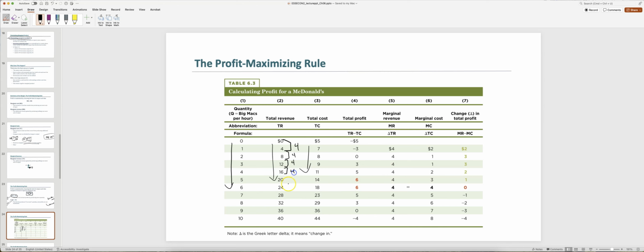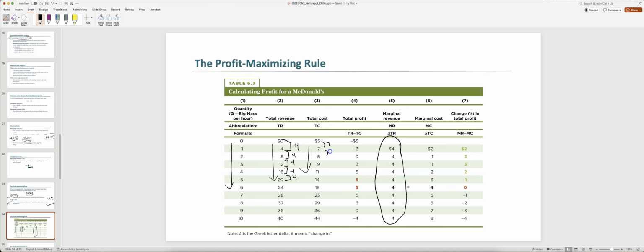You get the hint here? 4, 4. At least in this situation, a Big Mac costs $4. So the marginal revenue here is not going to change at all. It's specifically for this case because we're presuming that the price is always staying the same, at least in this example. But now look at what's happening to the costs.